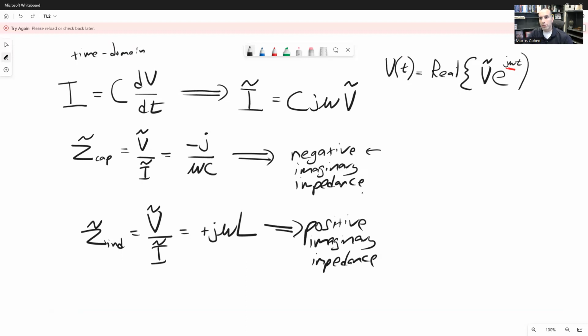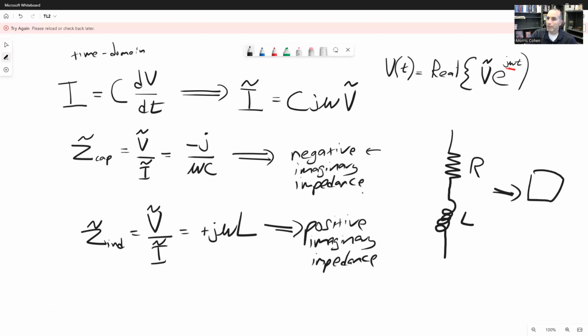Once we treat inductors and capacitors as imaginary components, we can combine them with resistors in pretty straightforward ways. For example, if I have a resistor in series with an inductor, this is R and this is L, I can treat that as being just like a single device that has impedance Z, where Z equals R plus j omega L. And I can figure out what the voltage to current ratio is across this entire device simply by, again, calculating R plus j omega L. Right?